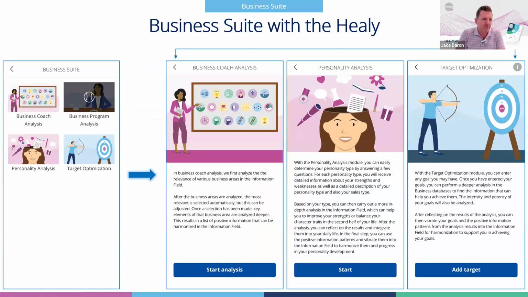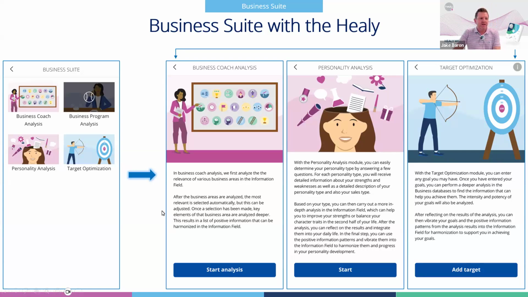The personality analysis module, which is very cool. Scary, very scary how accurate that one is for sure. And then the target optimization module is great. You can type in any goal that you have, and it'll provide results that will help you get there as well. So we'll be talking a lot more about the business suite in the near future.